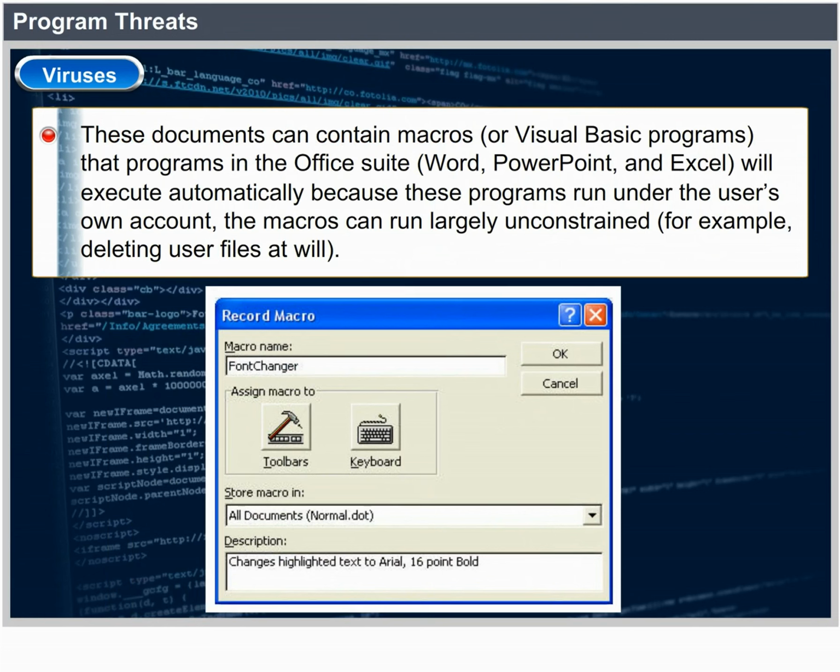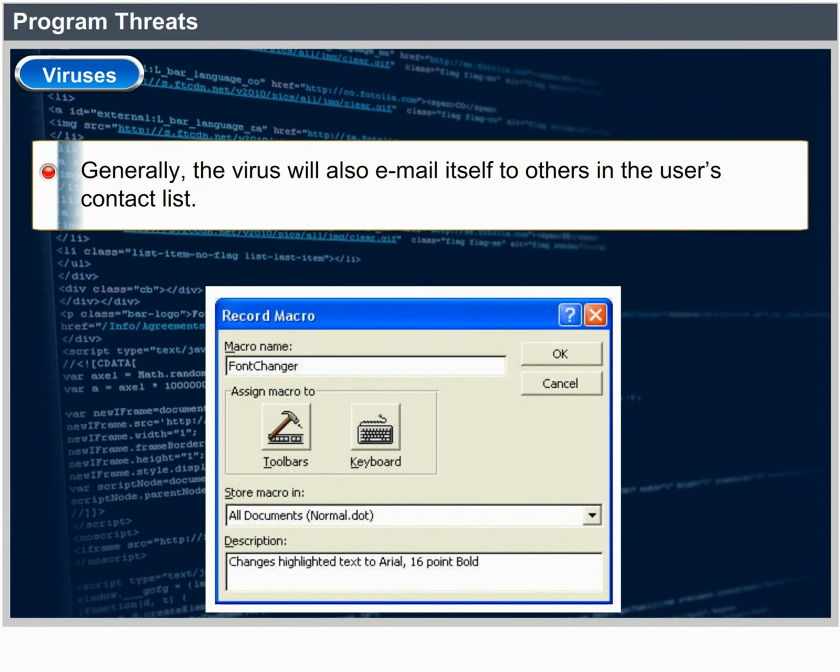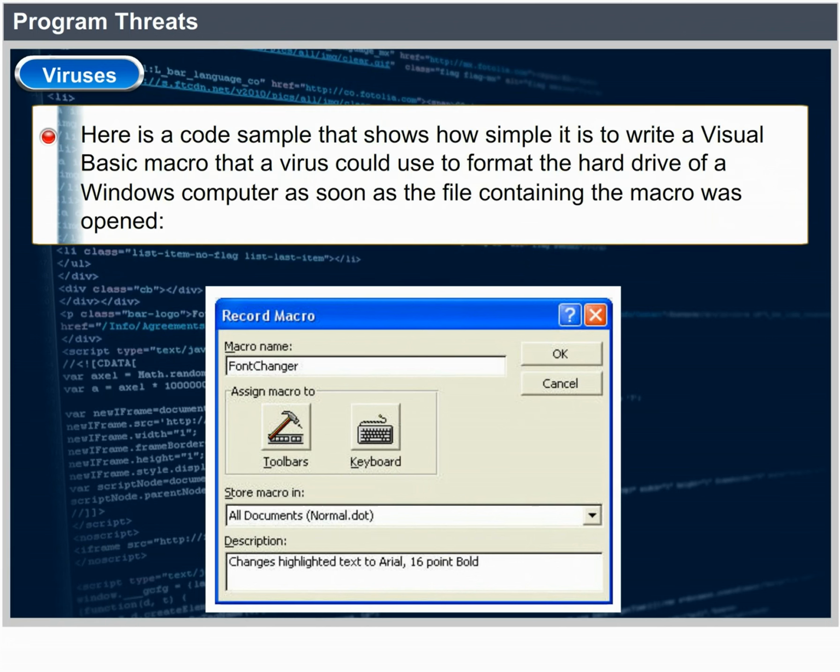The macros can run largely unconstrained, for example, deleting user files at will. Commonly, the virus will also email itself to others in the user's contact list. Here is a code sample that shows how simple it is to write a Visual Basic macro that a virus could use to format the hard drive of a Windows computer as soon as the file containing the macros was opened, as shown in figure.